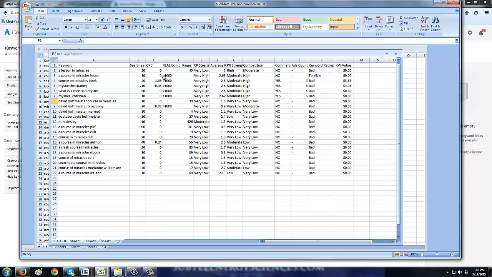There's over 1,000 pages where these keywords are being used. Like in yours, there's over 1,000 pages, it says, that are using David Hoffmeister biography. So we're going to have to go through and look at all that, but the search results are saying we don't need to use any of these.